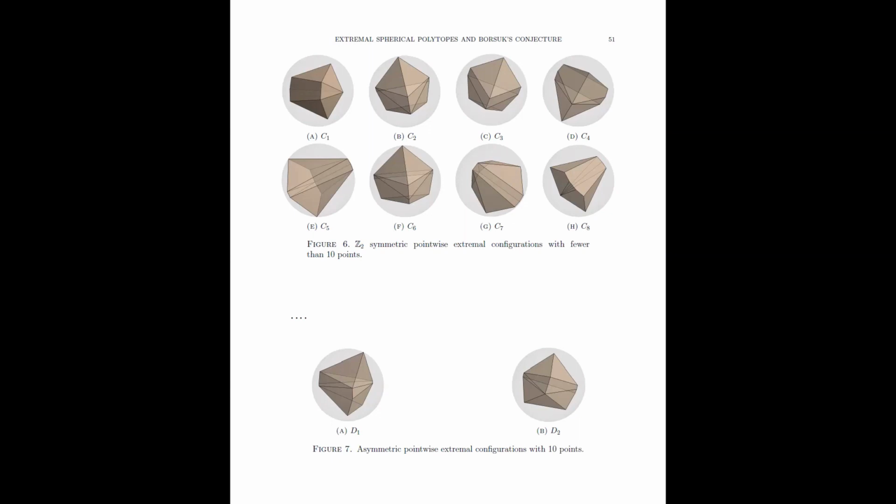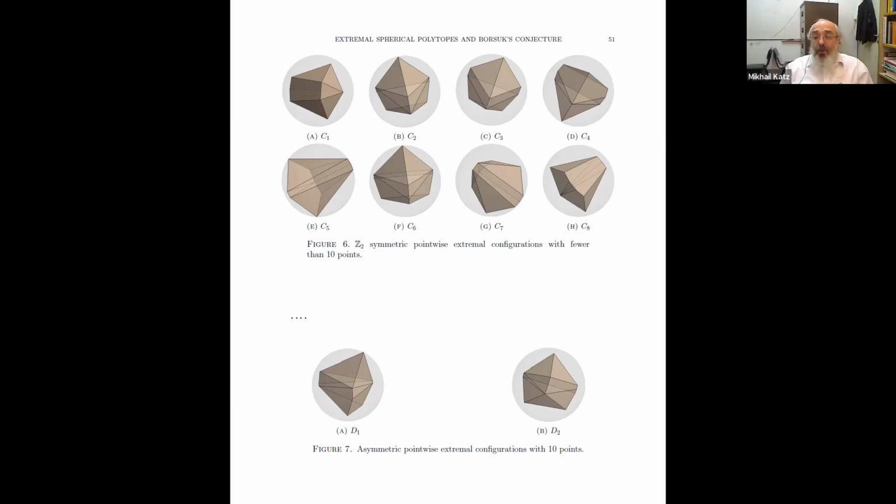Ah, I see. So there are no examples. I know of no examples, and theoretically there could even be families of pointwise extremal configurations of varying diameter. But I don't know anything about it. I wasn't able to prove that a pointwise extremal configuration is necessarily diameter extremal.